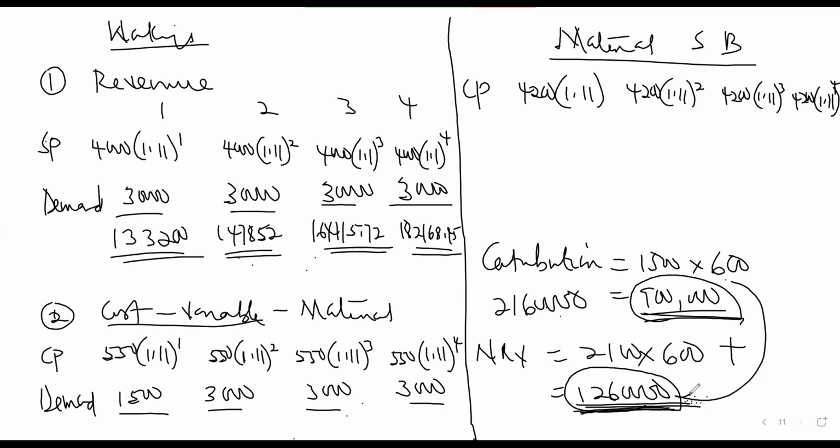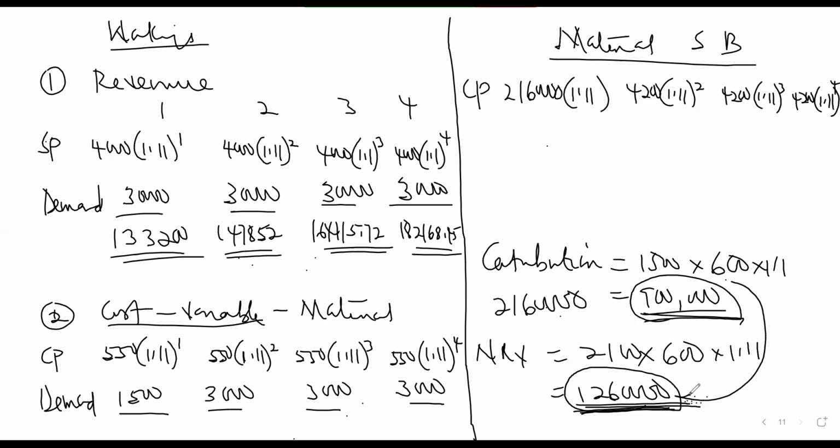For year one, I can just take the figure over here and bring this to 2,160,000. Then I will increase it by 1.11 because all these calculations that we have done are in current terms. So you can decide to multiply this by 1.11 by increasing it by year. You'll be getting the same answer.